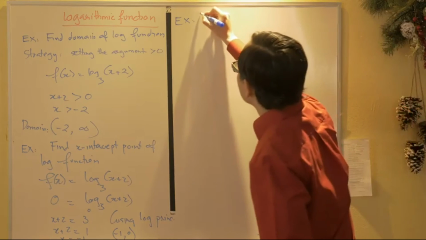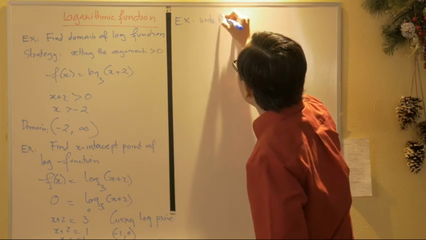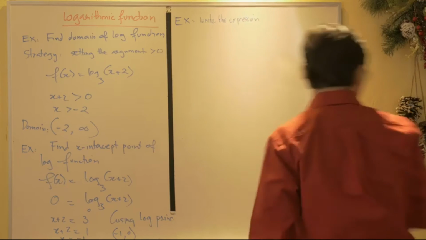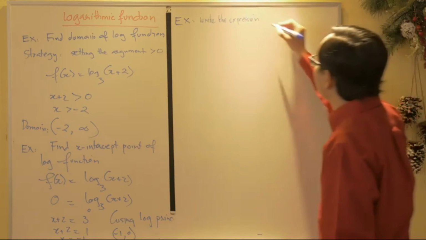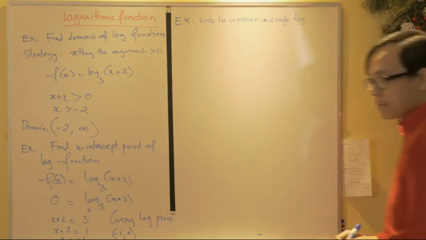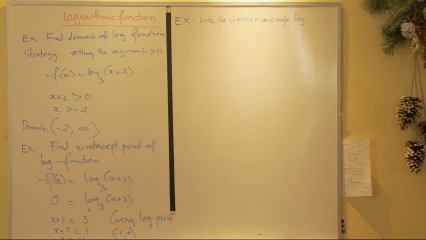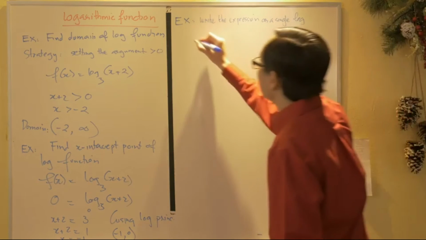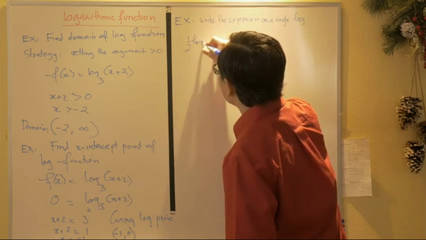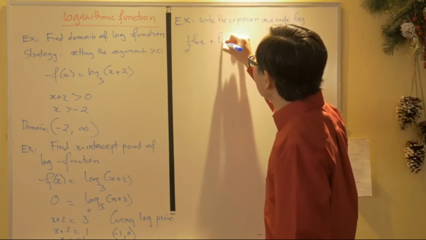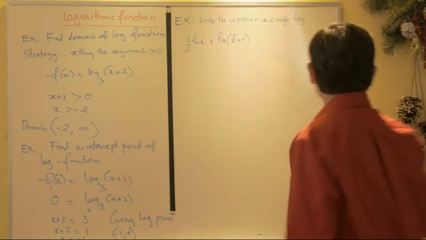Write the expression as a single log. So this is what I have: 1 over 2 ln x plus ln(x squared plus 1).